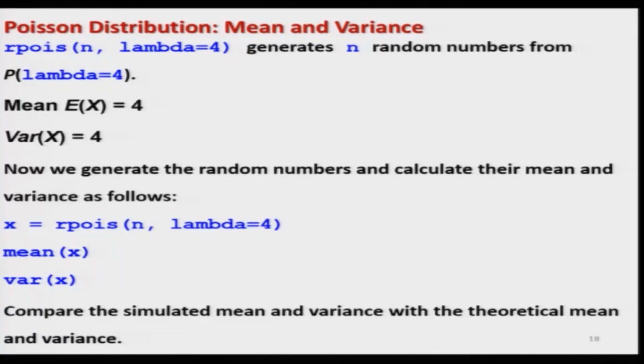So for example, under the same example, if you try to find the mean and variance, the expected value of x will come out to be the same as lambda, and the variance will also be the same as lambda.